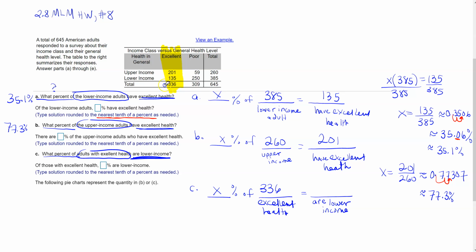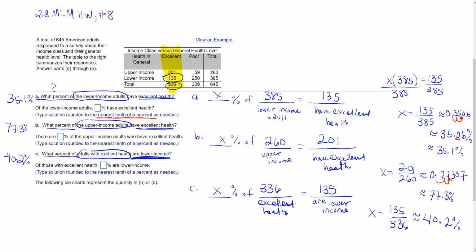So the lower income, 135. Okay, so when you set up all your math over there, we'll end up doing 135 divided by 336. And that's going to give us approximately 40.2%. Okay, so we found different percentages by reading our two-way table very carefully.